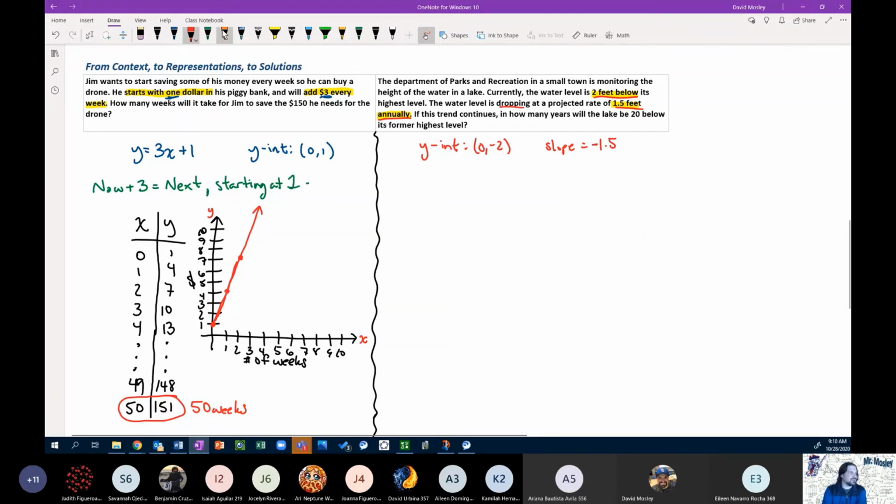So this gives us a rule: -1.5x minus 2. And again, we can write this now as next equals -1.5 plus, starting at -2.